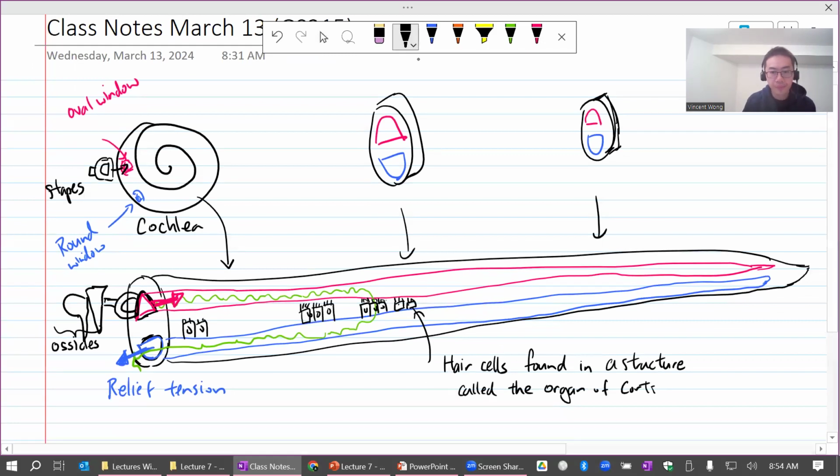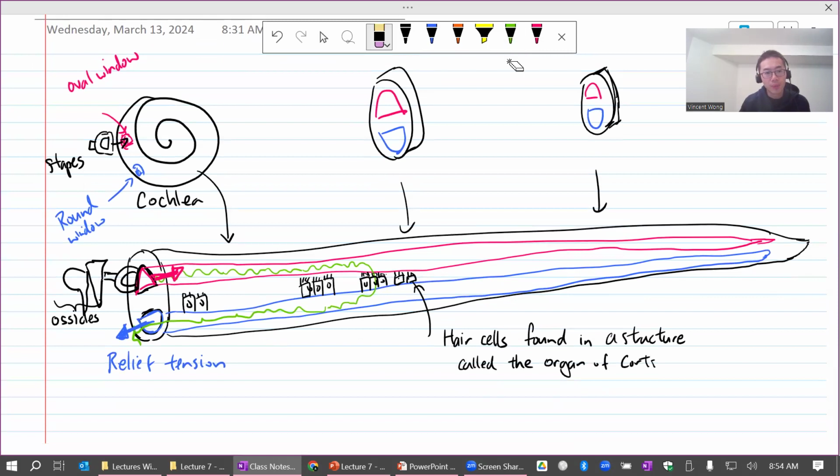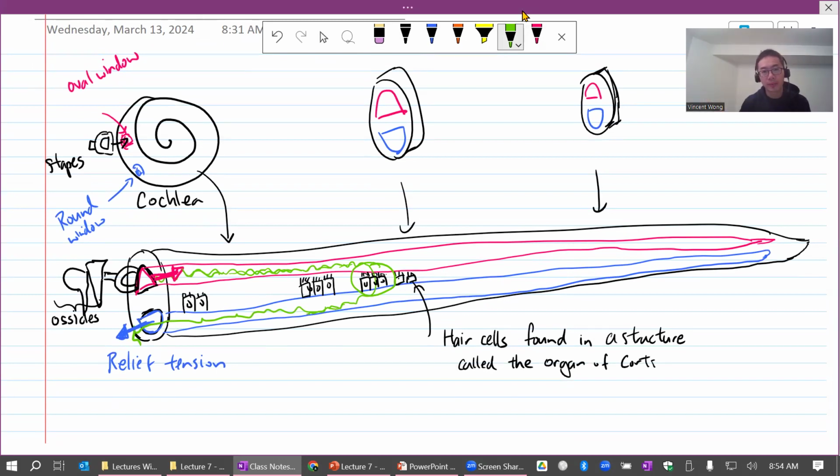Now, when the sound goes in, again, depending on the pitch, it's going to turn around differently. Okay, so when it turns around, say over here, then these hair cells will be stimulated and it will send a signal to the brain.